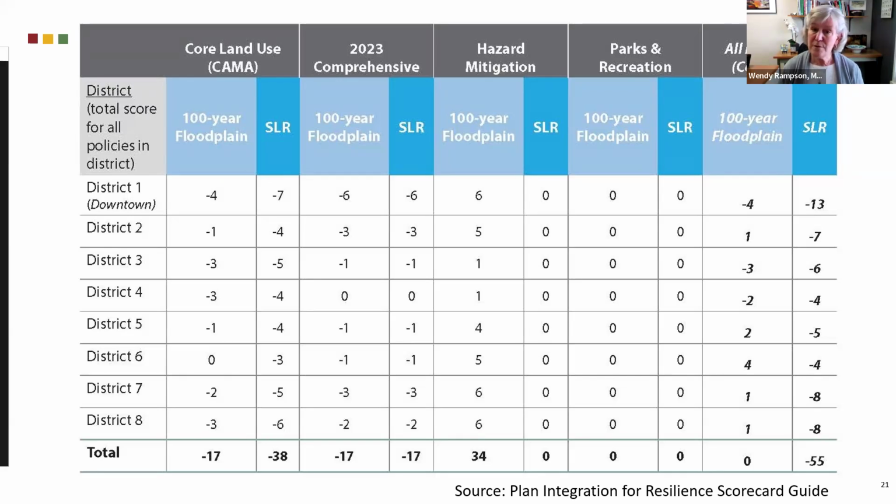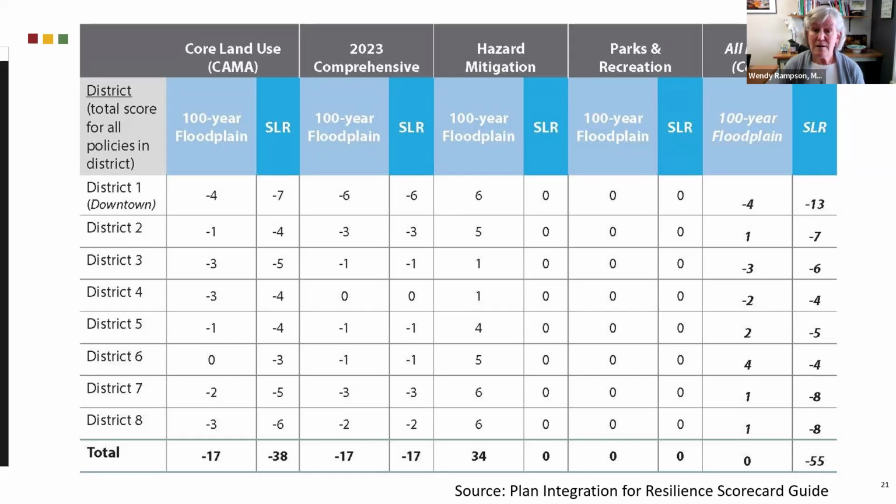In the row below the plans are headings for the columns that show the overlap between the district and the current hazard zone, in this case, the 100-year floodplain, and the projected hazard zone, which in this case is sea level rise. SLR represents sea level rise.